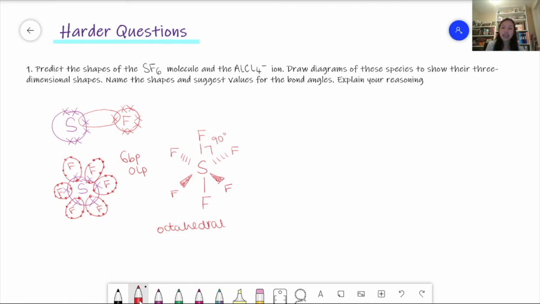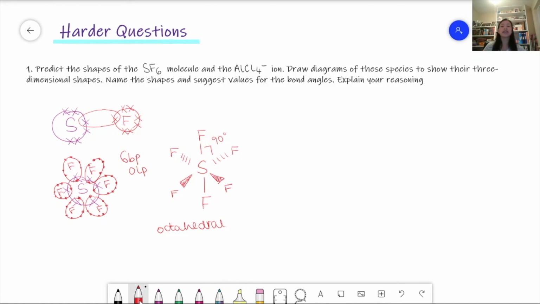And for explaining your reasoning, it's because there's no lone pairs. So all the bonding pairs repel each other by the same amount. Due to the electron repulsion theory, all the electrons want to be as spaced out as possible because they repel each other. And so if they all repel each other by the same amount, then every angle will be 90 degrees because there are 6 atoms arranged around one central atom.